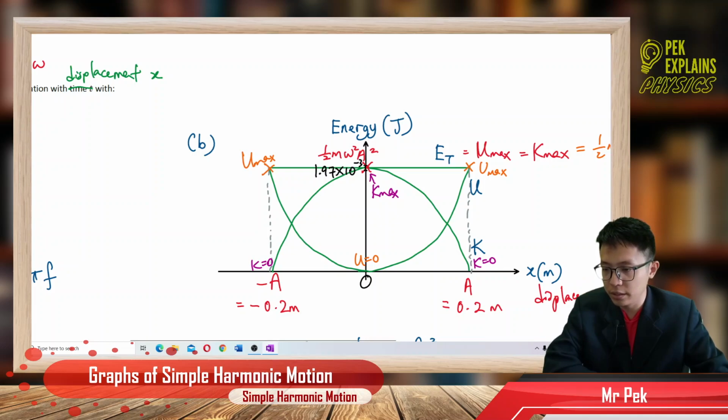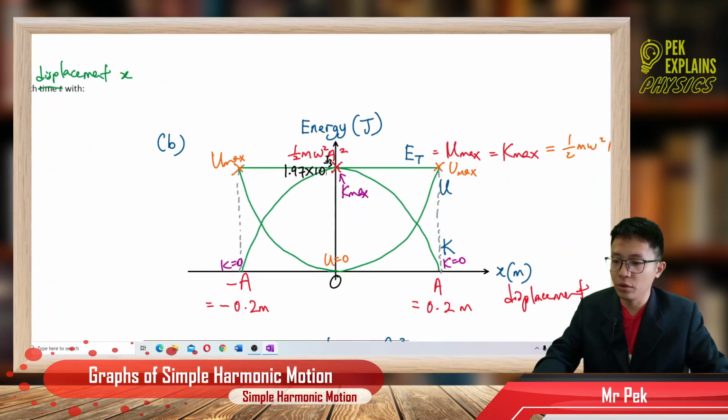So you need to label when you draw the graphs. Remember, you must label with the value at the maximum. The unit is also already put on the axis: joule, and this one in meter. That's all.